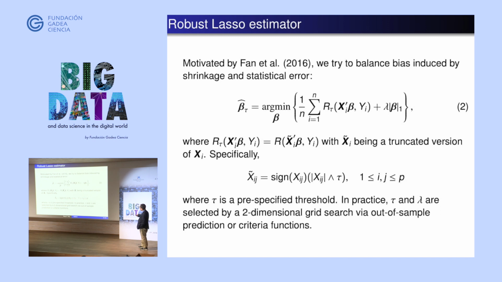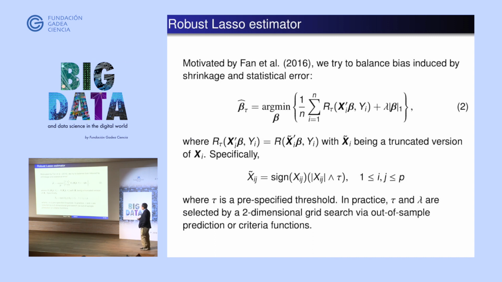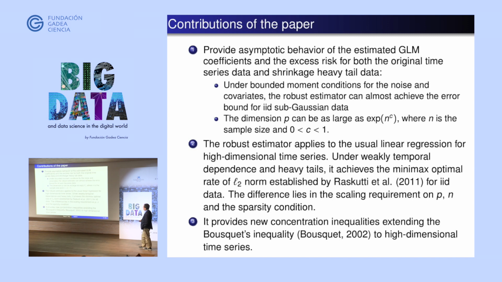You can do that, and you can select that. In real applications, for the penalty parameter and the truncation parameter, we do that by some sort of Fourier search and by looking at an out-of-sample type of method. In the simulation, I can do that. In real application, we use some of the out-of-sample data to find a good choice of lambda and the tuning parameter.